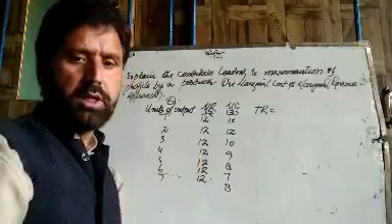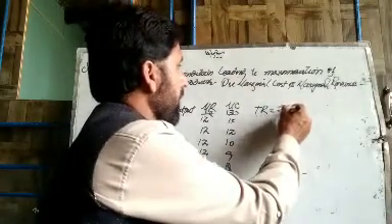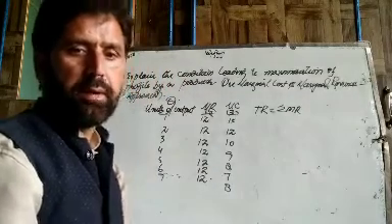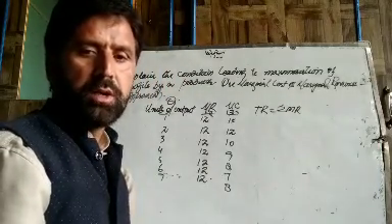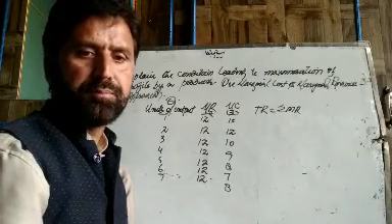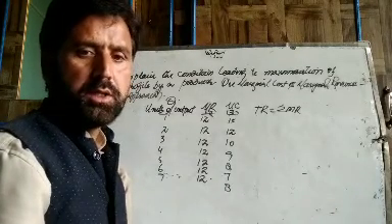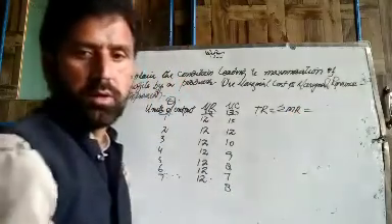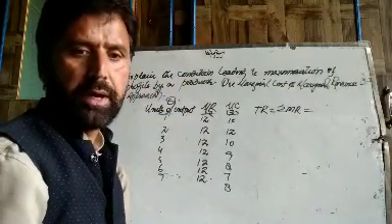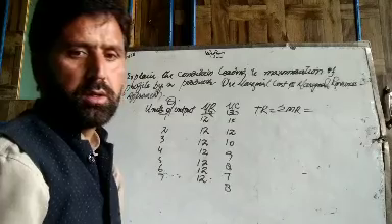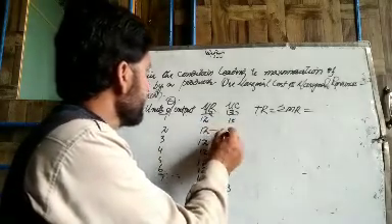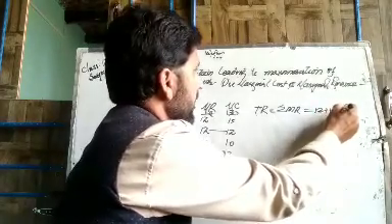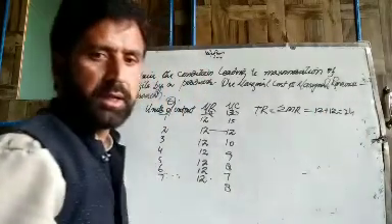Total revenue is equal to the summation of MR, 12 plus 12, that is equal to 24.